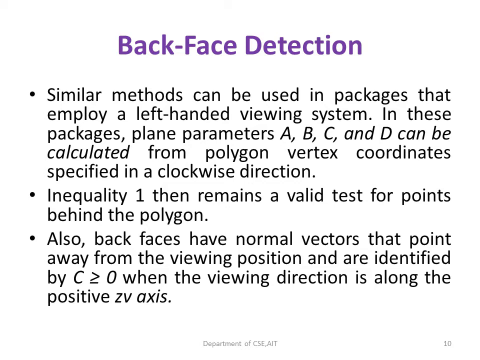Unlike in the previous case where we had c less than or equal to 0, here we have c greater than or equal to 0. There we had the negative zv axis, here we have the positive zv axis. There we had the anti-clockwise direction, and here we have the clockwise direction. That is the difference between the left-handed viewing system and the right-handed viewing system.